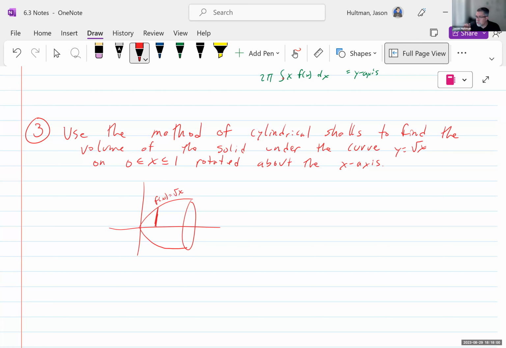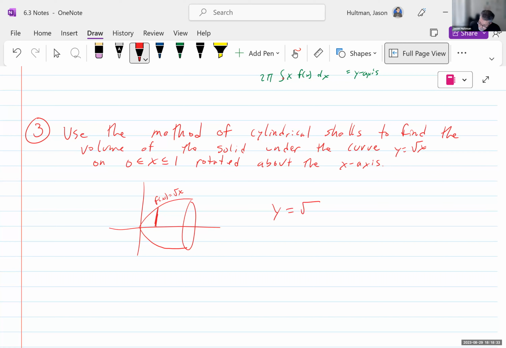Now let's do this with cylinders, because sometimes the cylinders are actually better to deal with, because it creates polynomials, and then we don't have to, in this case it's really simple, but in other cases, if we had a bottom function, it might not be as simple. If we had to do washers with a bottom function that has to be squared and manipulated, might not be as simple.